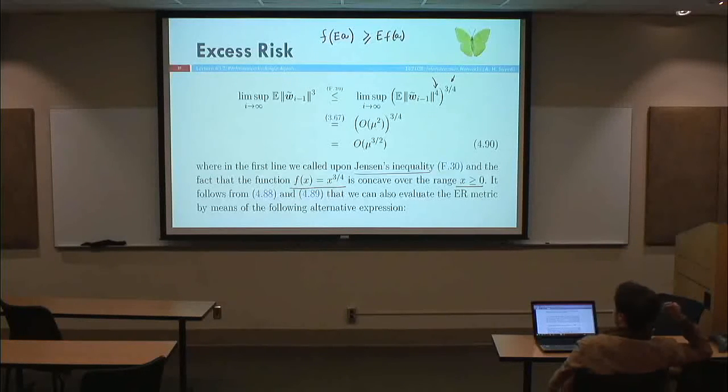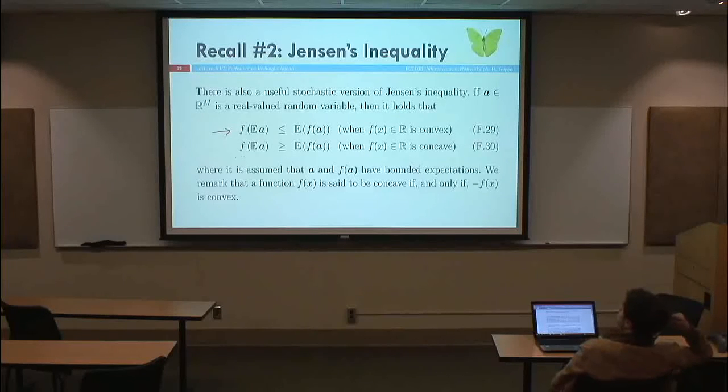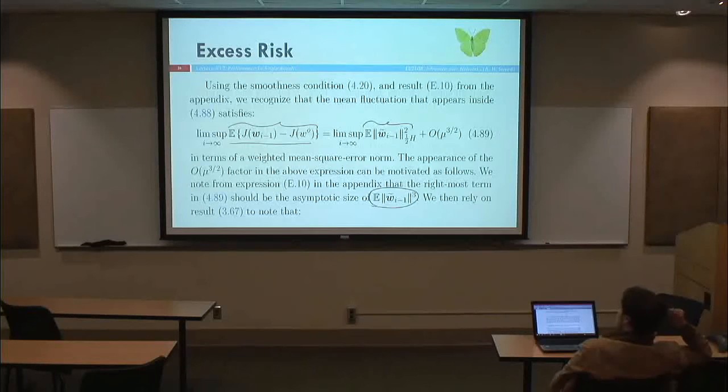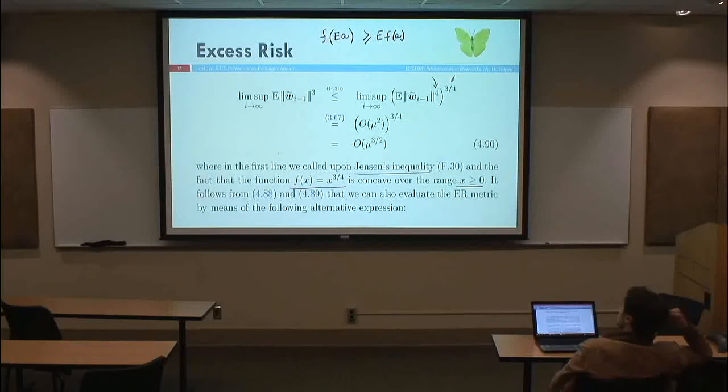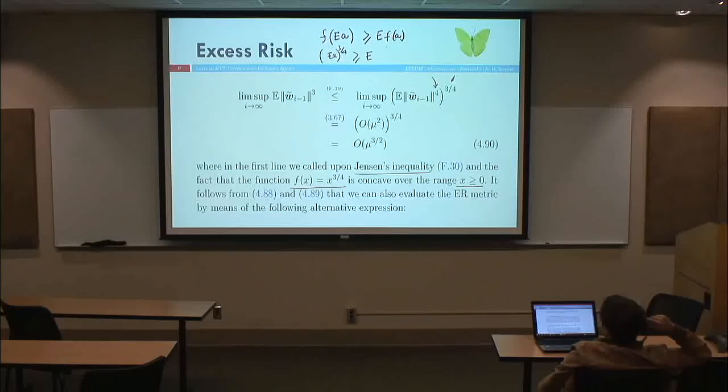For concave functions, f at the expected value is larger than or equal. So here my f is x to the 3/4, so I have the expected value of a to the 3/4 is larger than or equal to the expected value of the function at a.